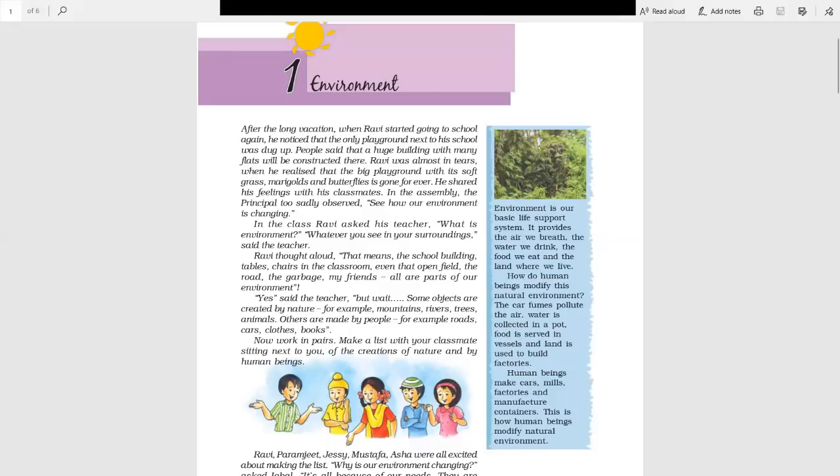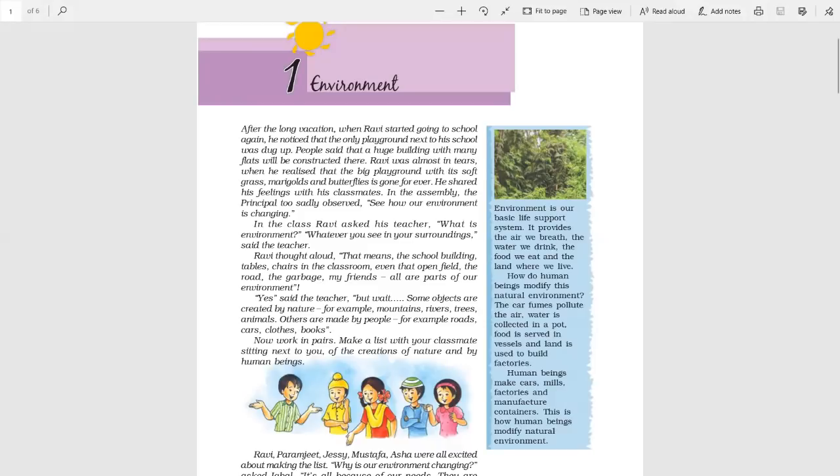Chapter 1, Environment. After the long vacation, when Ravi started going to school again, he noticed that the only playground next to his school was dug up. People said that a huge building with many flats will be constructed there.